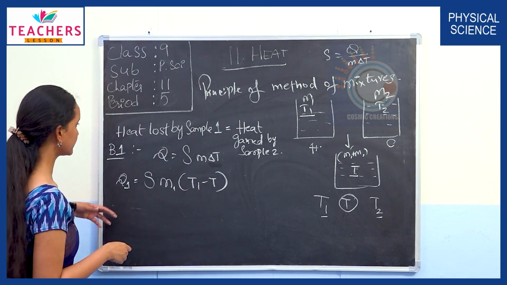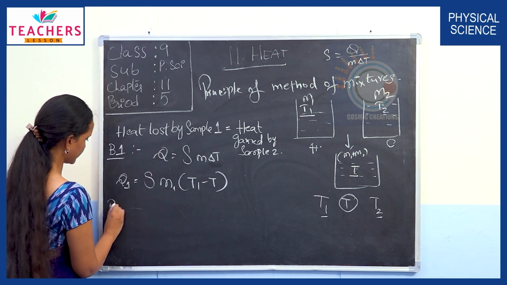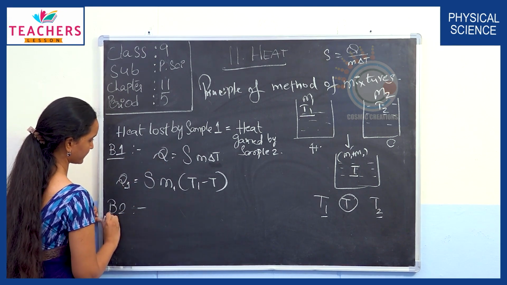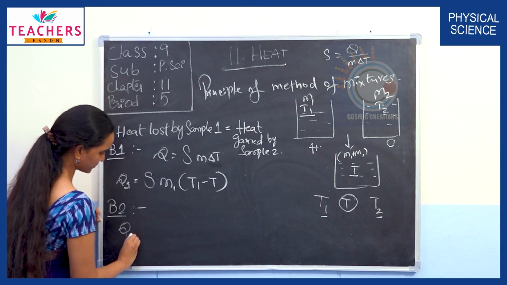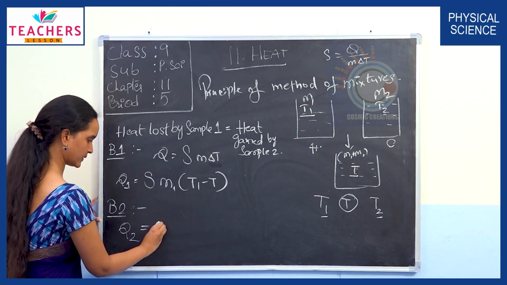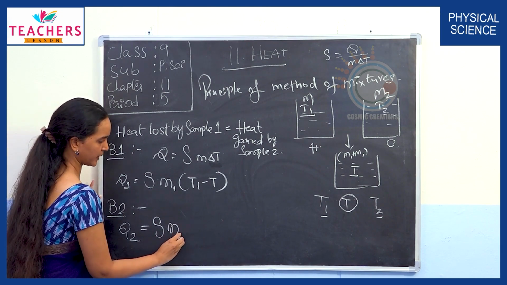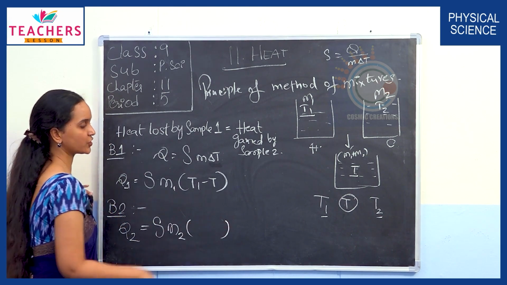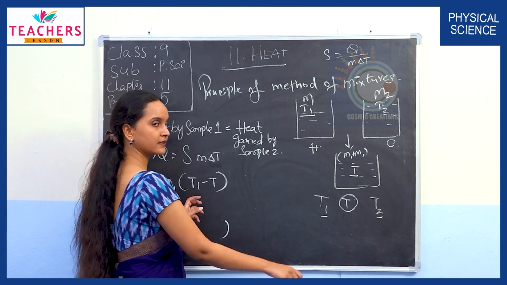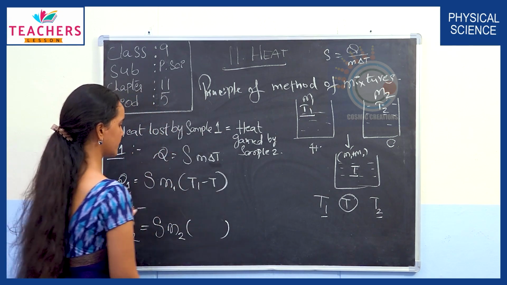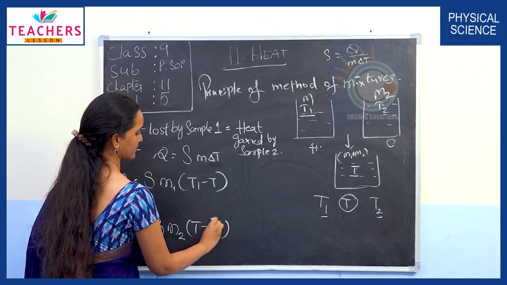Now let's look at the second beaker, beaker number 2. Q2 is equal to S, mass is M2, delta T is change in temperature: T minus T2. Why?